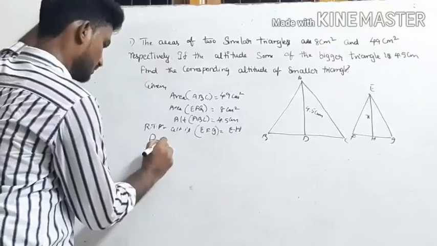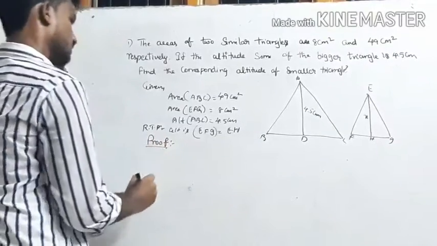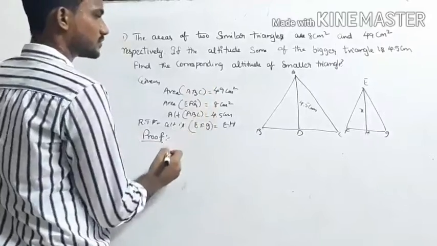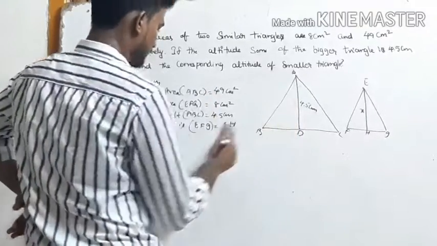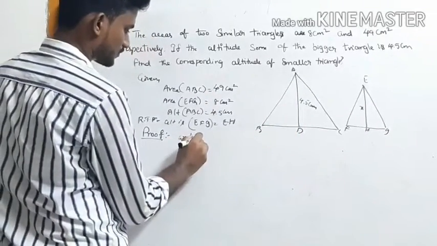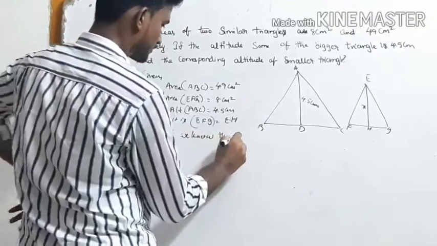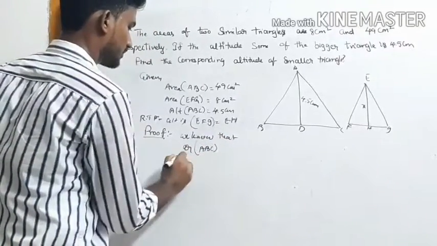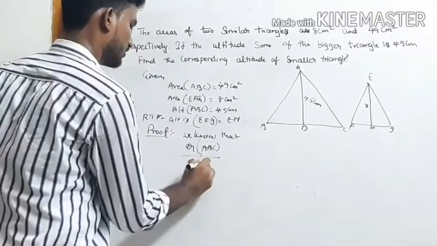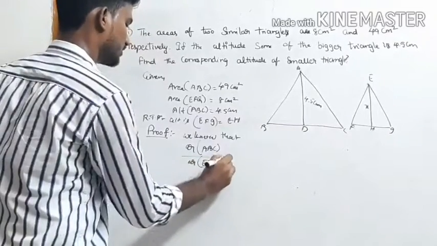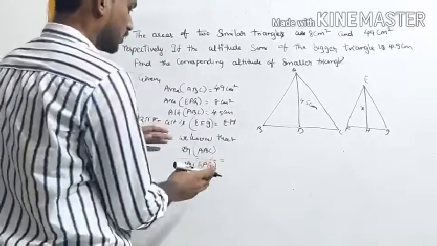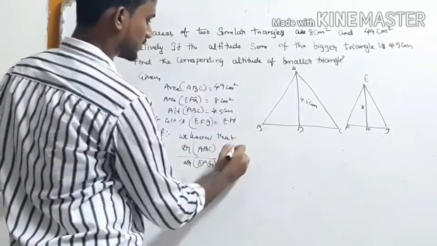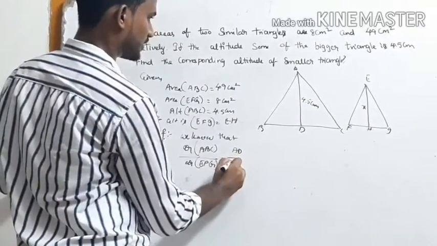Proof: first take this one. You know that the area of ABC by the area of EFG equals the bigger altitude by the smaller altitude, that is AD by EH.